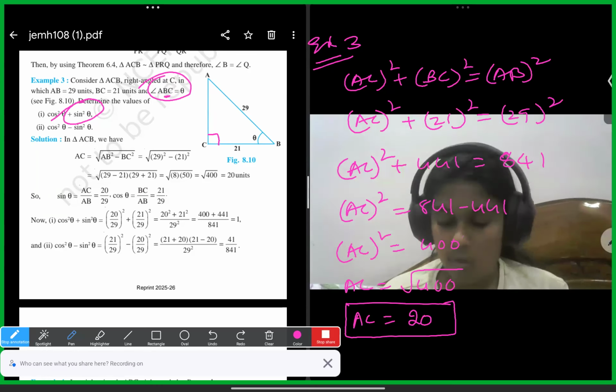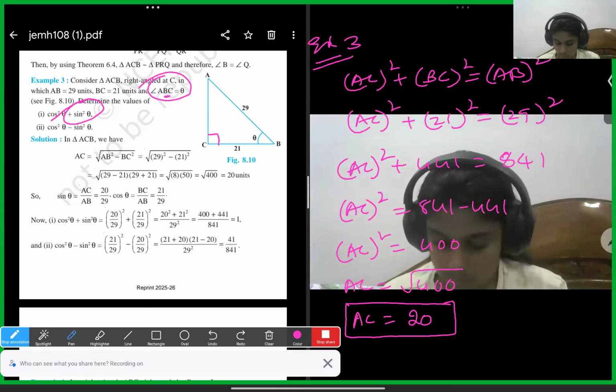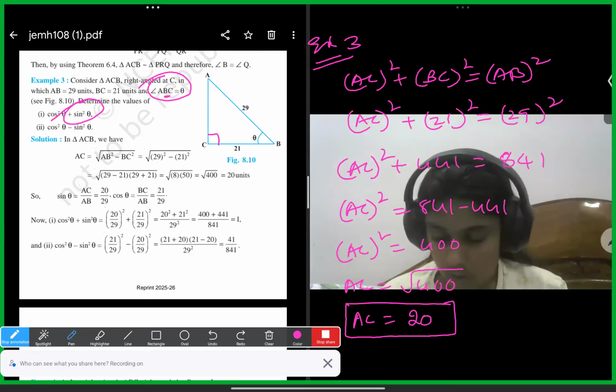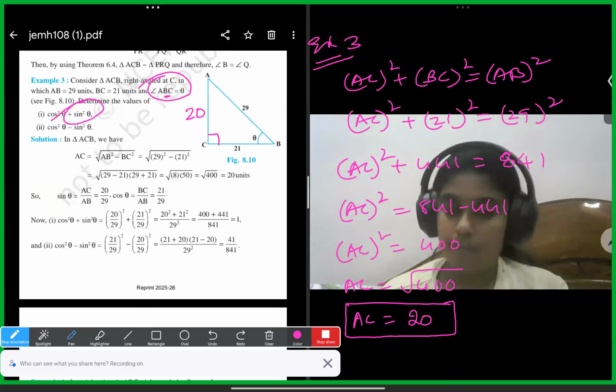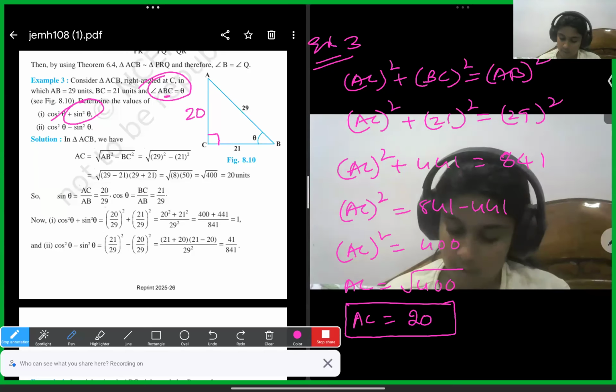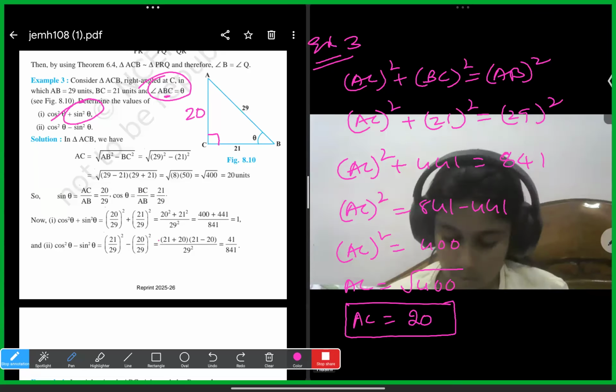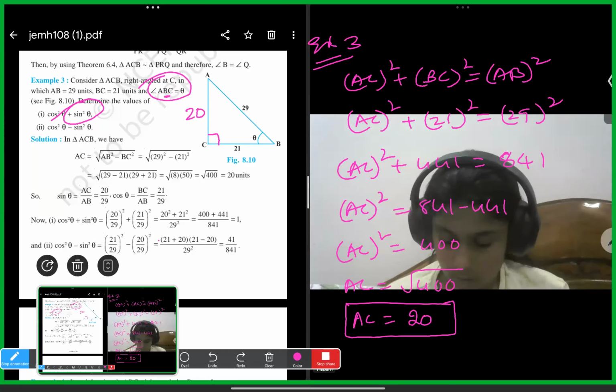Okay, Hasni. So once we got AC as 20 units, we can write all the required parts of the question. First we require cos square theta plus sin square theta, Hasni. So shall I delete this, Hasni? Yes, sir.